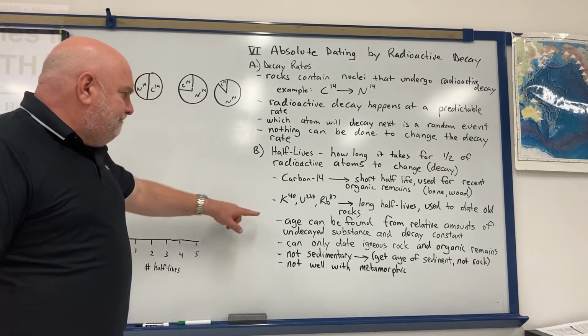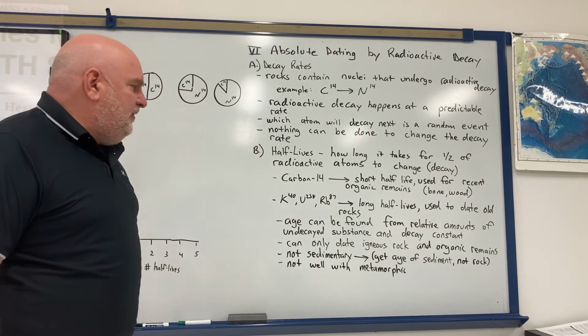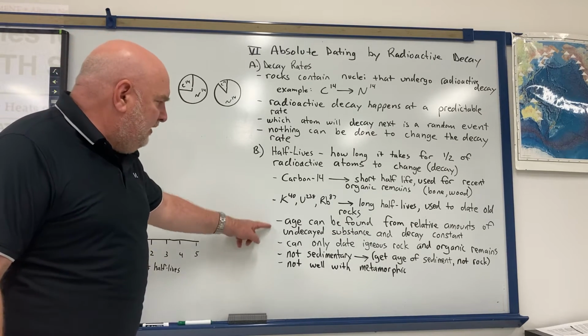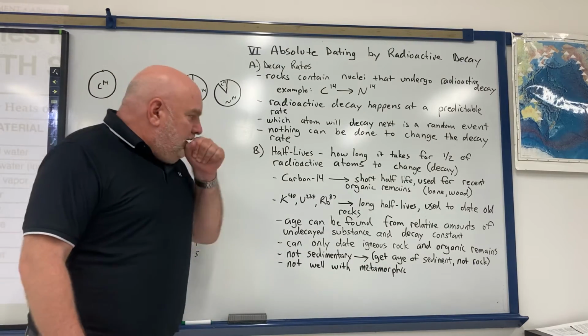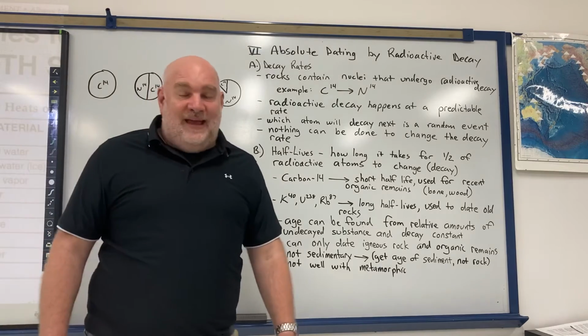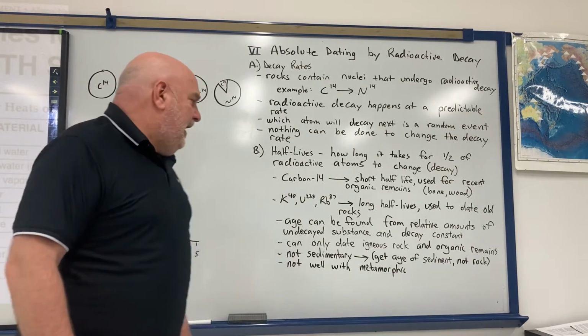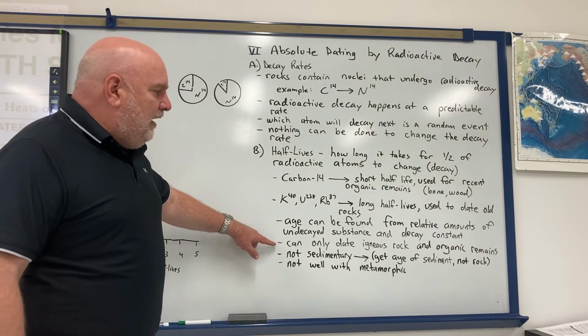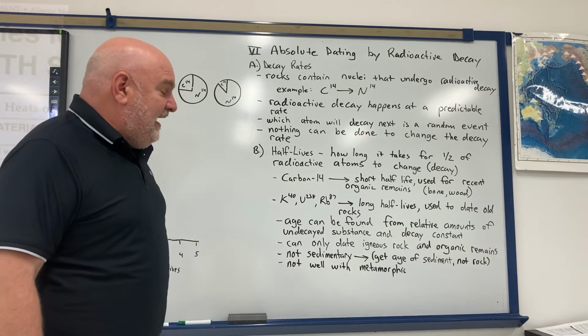All right. Age can be found from the relative amounts of undecayed substance and the decay constant. So I'll show you how to do that in a minute. Now, using radioactive decay to find the age of rocks has its limitations. A few of the limitations are, it really only works well on igneous rocks and organic remains.